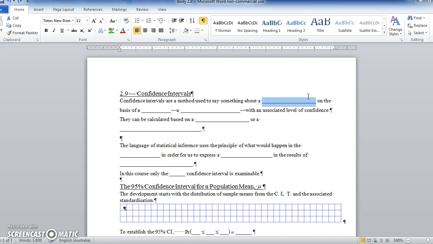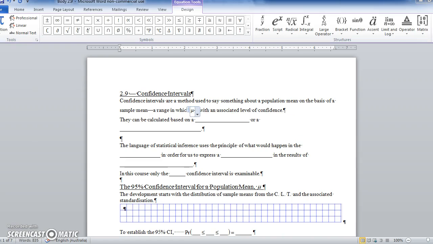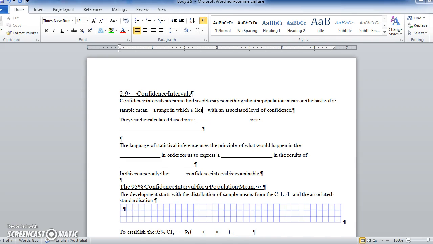So confidence intervals, as I've already said, are a method used to say something about a population mean on the basis of a sample mean. So they're an interval or a range in which mu, which is the population mean, lies, and we have an associated level of confidence with them.